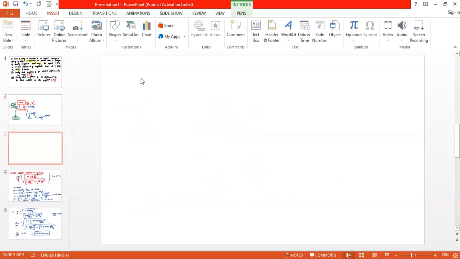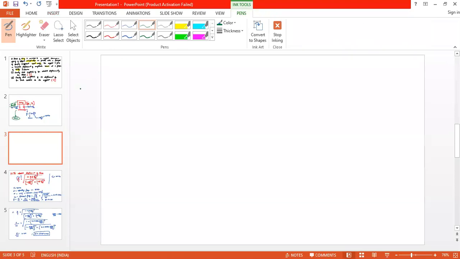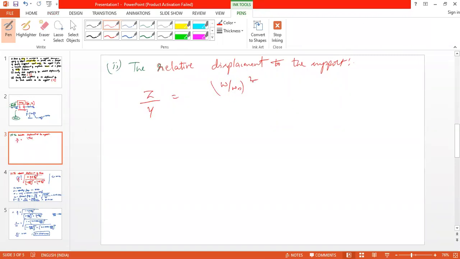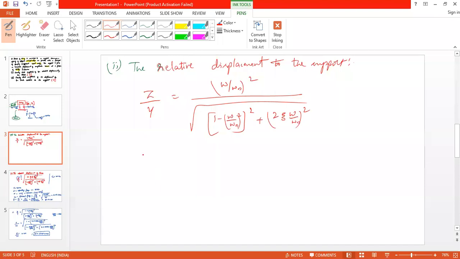So next, what is the relative displacement? The relative displacement of the mass to the support is given by z by y, that is equal to (omega by omega n) whole square, divided by root of (1 minus (omega by omega n) whole square) plus (2 zeta omega by omega n) whole square.